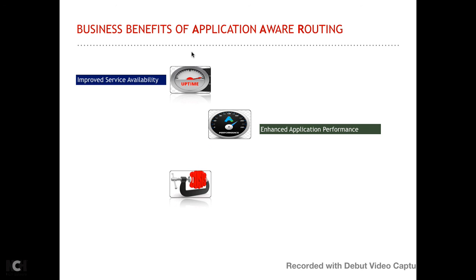The third one, cost. The cost is reduced because you are effectively using both the internet and the MPLS links, or hybrid internet or MPLS links. In the traditional world, you never use both transport links very efficiently. One will be heavily loaded, and you will still be paying for the other link, which won't have that much load.